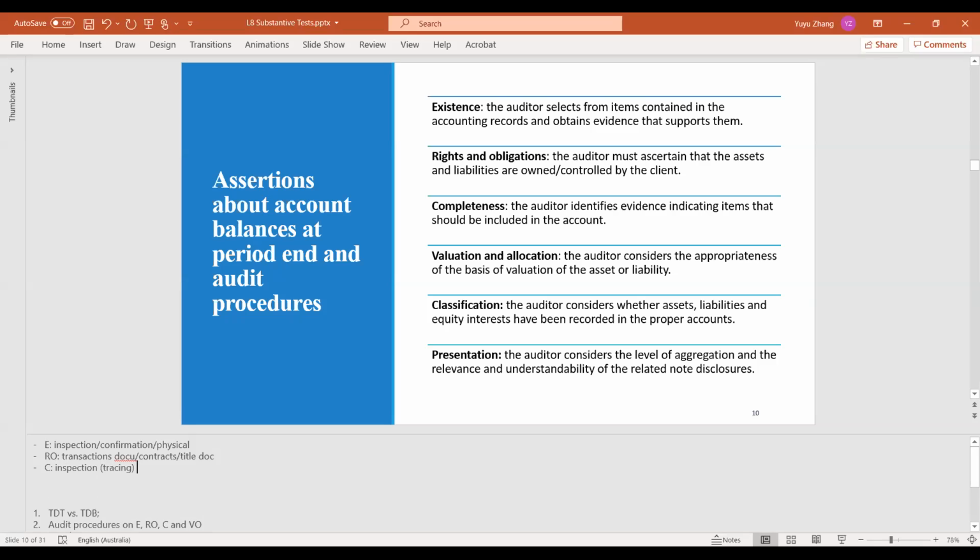And what are the other very typical tests for the completeness assertion? For important documents, we often check whether or not they are pre-numbered and sequentially accounted for.